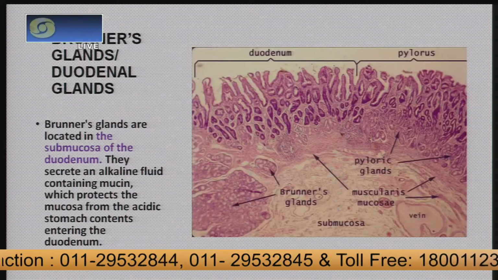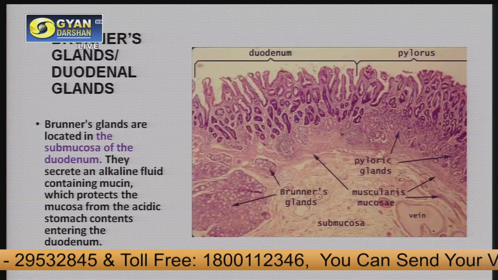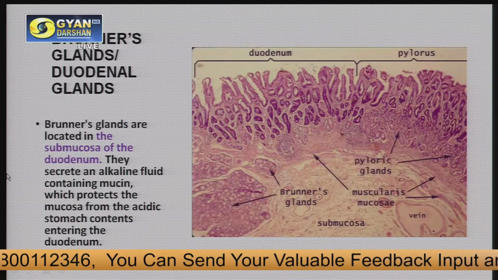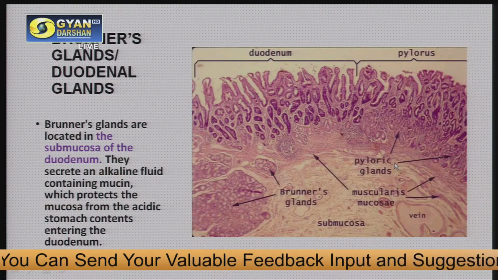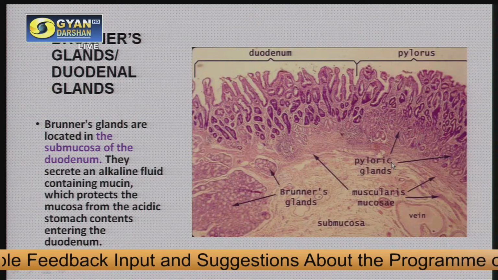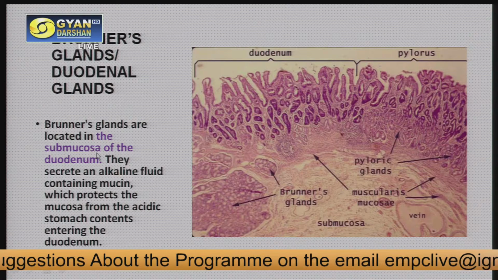For example, this particular structure, I have shown you the Brunner's gland. This is the pyloric gland. So they are the different stains which are being used, and then these particular slides are shown to you. So this is the submucosa. These are all the muscular layers.